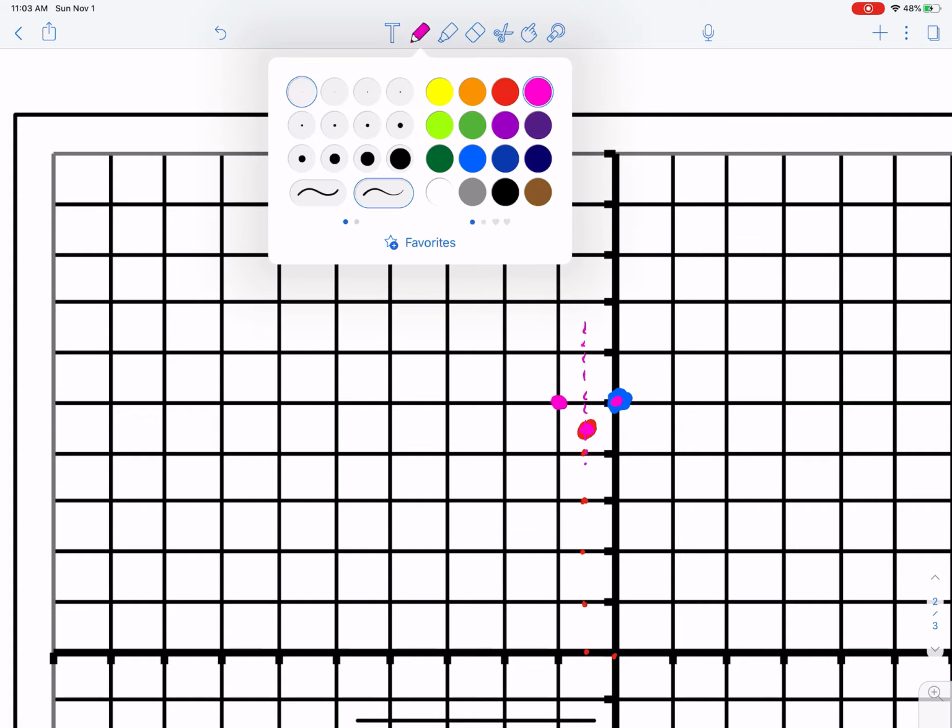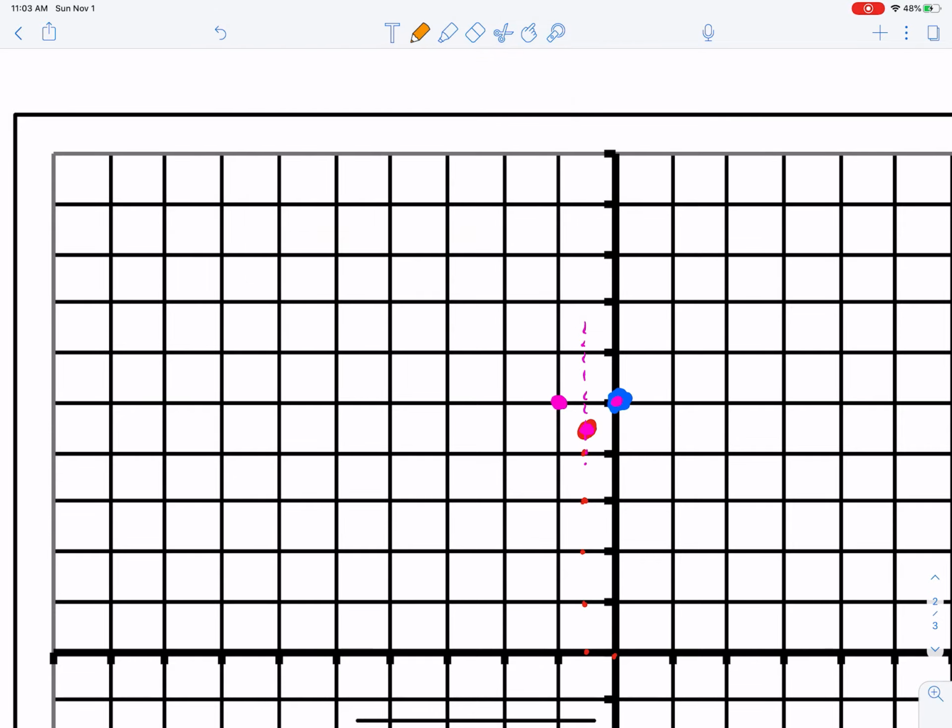Using the symmetry to get our third point, we can draw a curve that goes through those 3 points. If you're finding this idea of symmetry confusing, you can also just plug in -1 to see what the y value would be at that point. And if you plug in -1 to the function, you would end up getting 5.